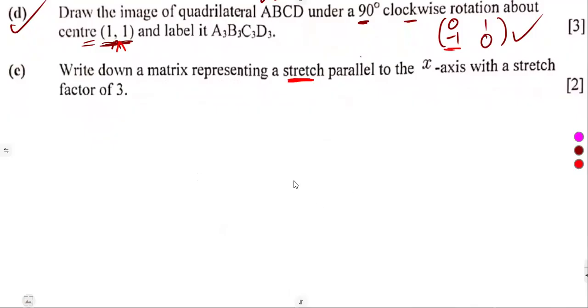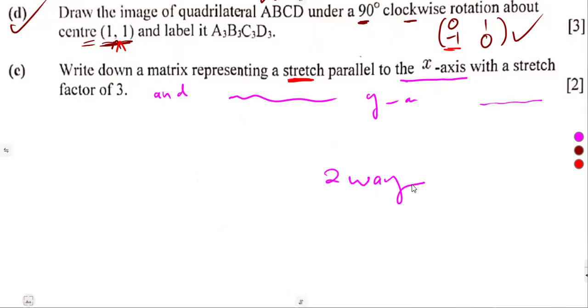Parallel to the x-axis. There you are focusing on one stretch at a time. We can be given one parallel to the x-axis with a stretch vector, and they give us another one parallel to the y-axis and a stretch vector. That one becomes a two-way stretch.